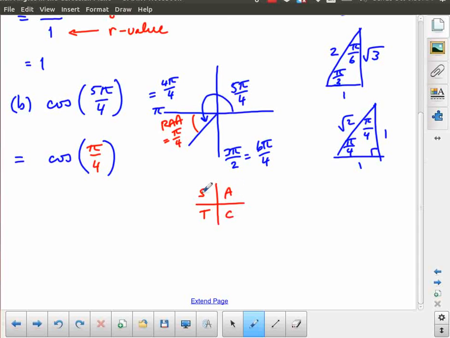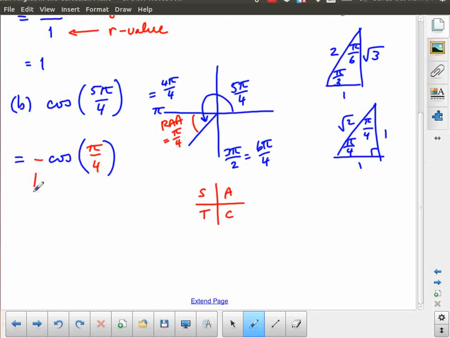It is negative in the second and third quadrant. So when I write this in terms of the related acute angle, because the cosine of pi by 4 is going to be positive, but the cast rule tells me that the cosine of 5 pi by 4 is going to be negative, I have to make that change in sign in front to account for the fact that I've converted from the obtuse angle to the acute angle.